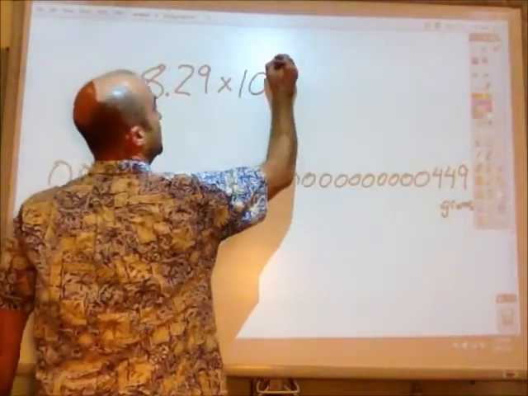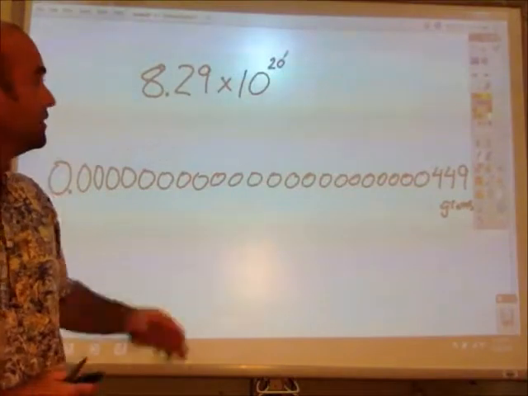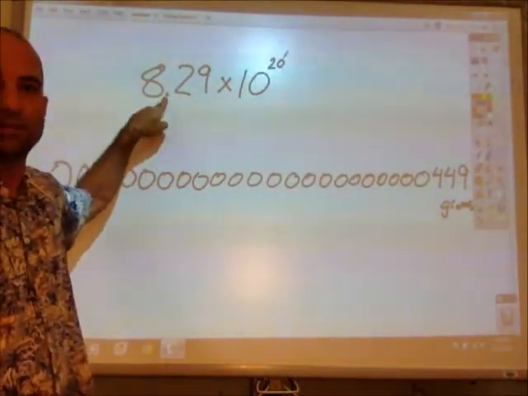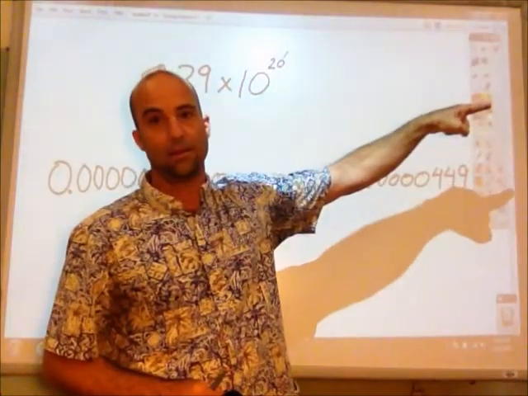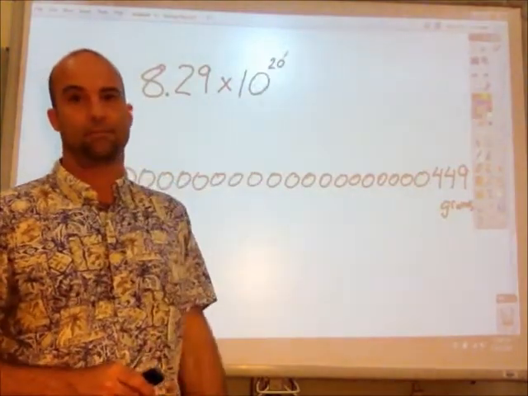What this is saying is, take this number, 8.29, and make sure you understand that this decimal needs to go 20 places that way. 20 places that make this number bigger.